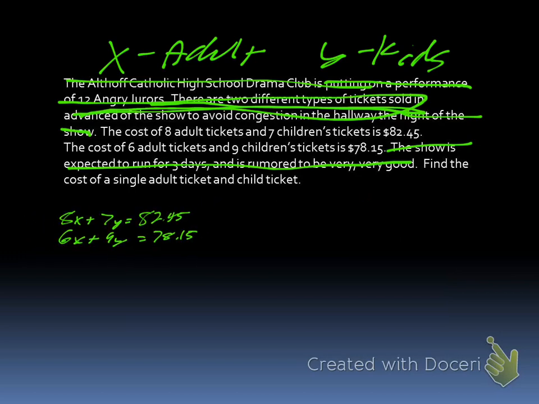I'm not even going to ask, I'm just going to tell you. You should eliminate your x's here. And there's a number that 8 and 6 both go into that you should make them. What is it? They both go into. 24. Very good, Iva. 24.